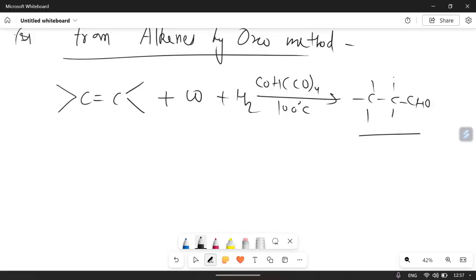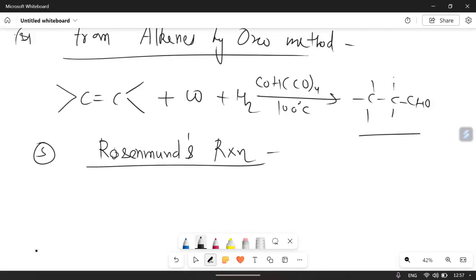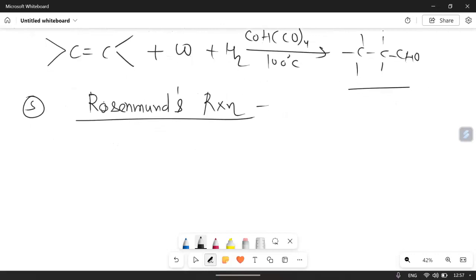The next very important reaction is Rosenmund reaction. What you need to do, we need to take acid chloride in xylene.